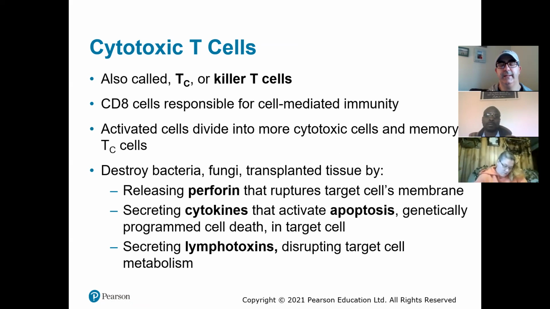They secrete cytokines, which activate a process called apoptosis, which is programmed cell death, like cell suicide. And they secrete these lymphotoxins, which disrupt the cell's metabolism. So cytotoxic T cells can go out and actually kill off cells that have this antigen.